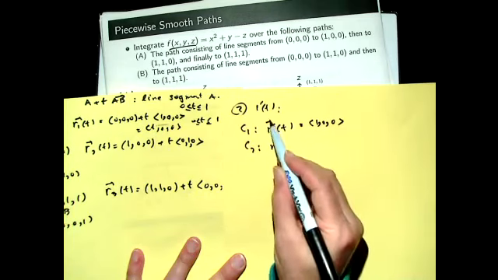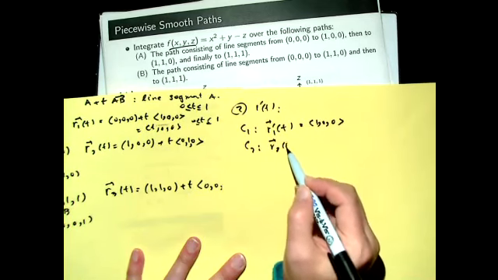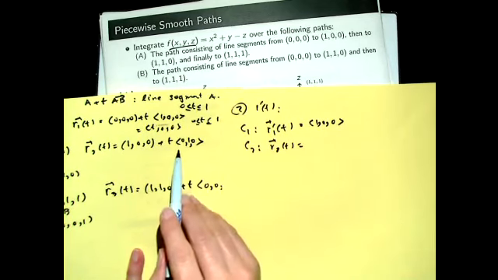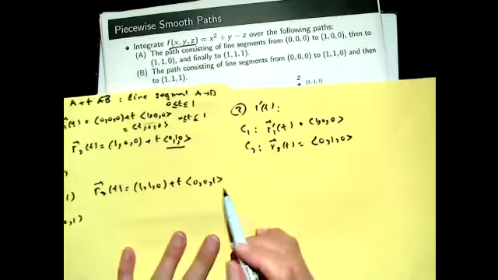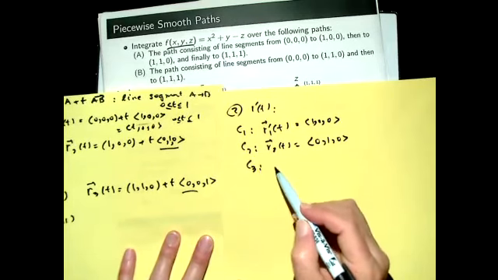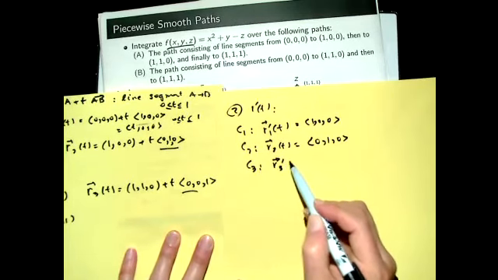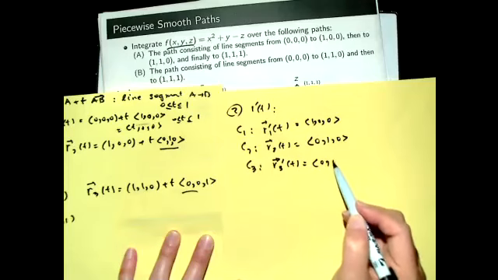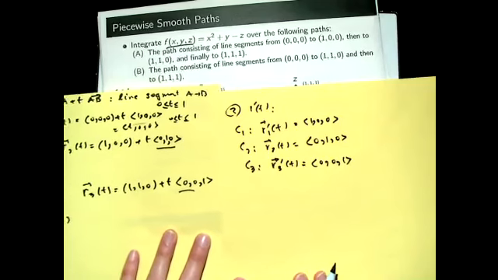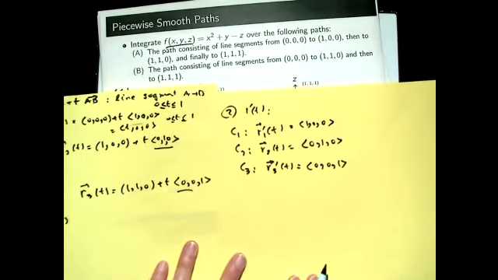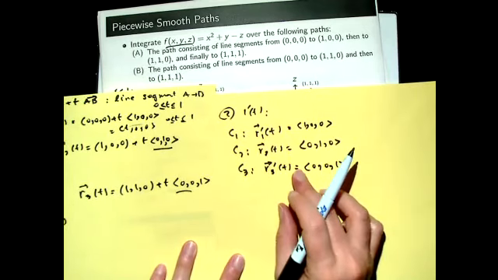R1 prime, sorry. R2 prime is going to be that one. R3 prime is just going to be that one. Everybody okay? Did I make an error? You guys are kind of pondering, I wonder. No, it's all okay? Okay. So I found all three of these.